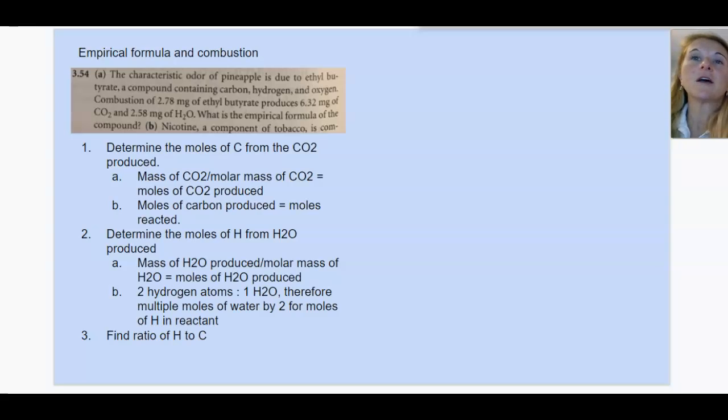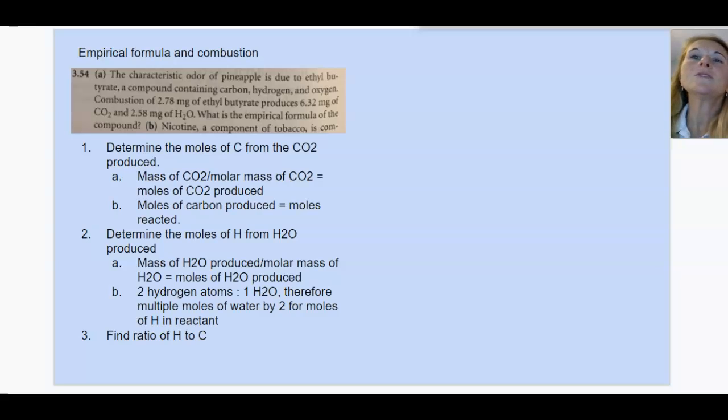The combustion of 2.78 milligrams of ethyl butyrate produces 6.32 milligrams of carbon dioxide and 2.58 milligrams of water. What is the empirical formula of the compound? And then we have a little bit of part B there, but we're not doing part B.